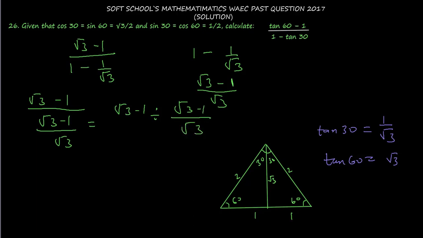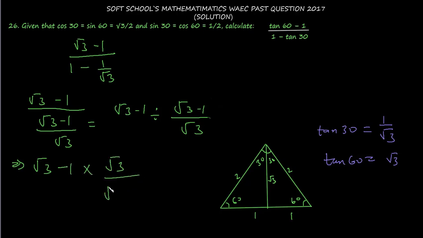So let me cancel this. So we now say root 3 minus 1 times root 3 over root 3 minus 1. So your answer is root 3.